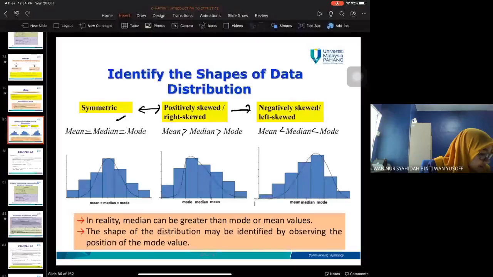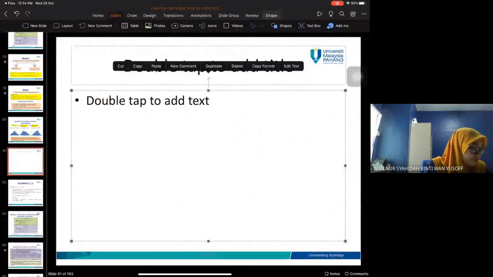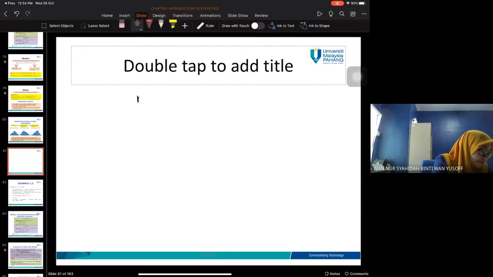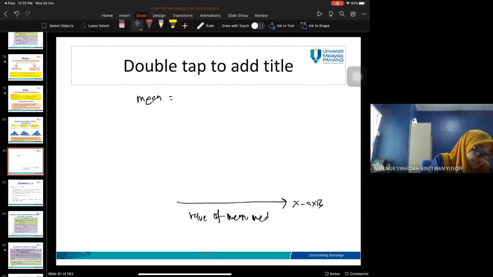What we plot on the x-axis is the value of mean, median, and mode.